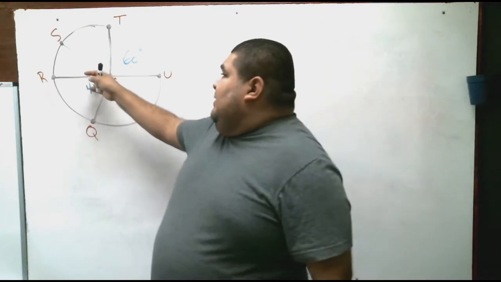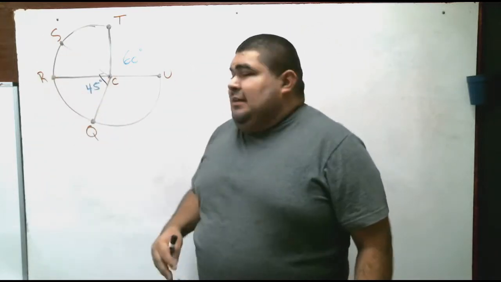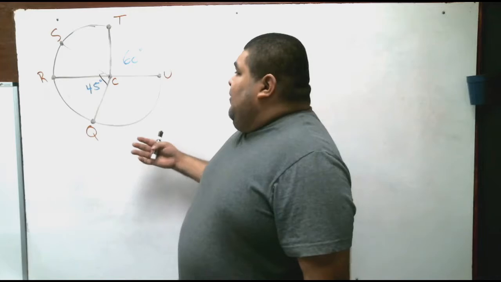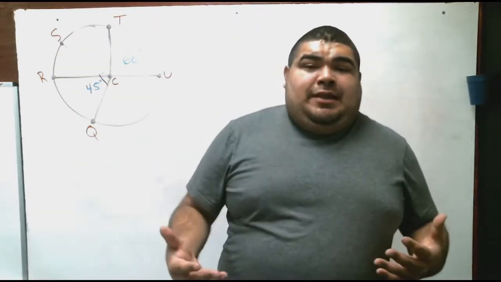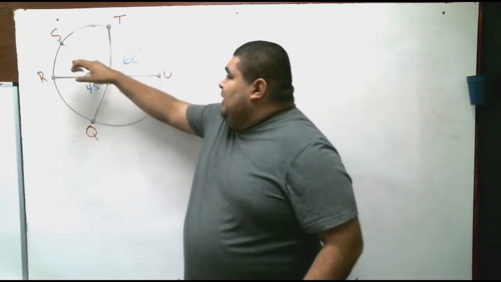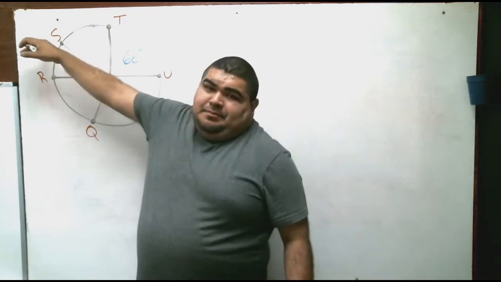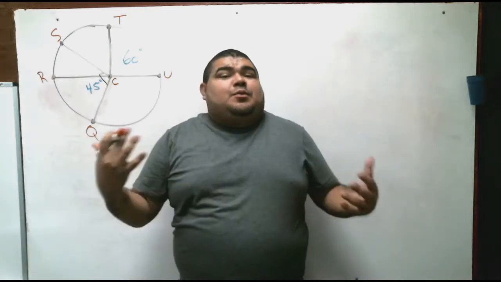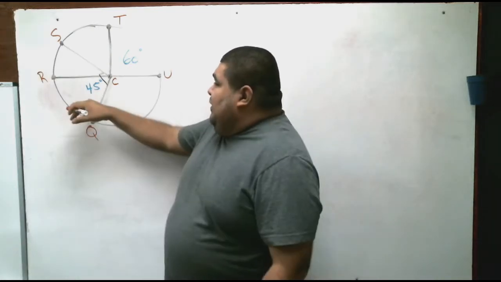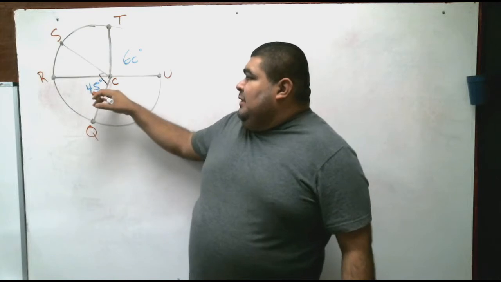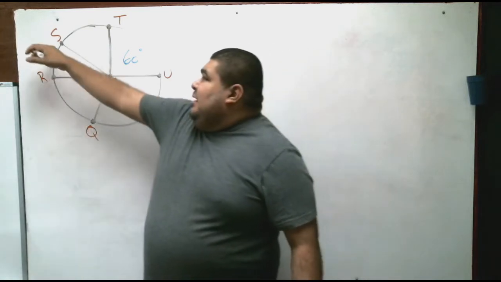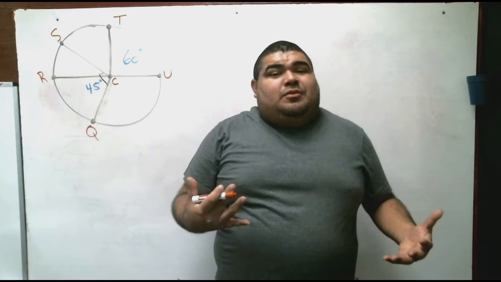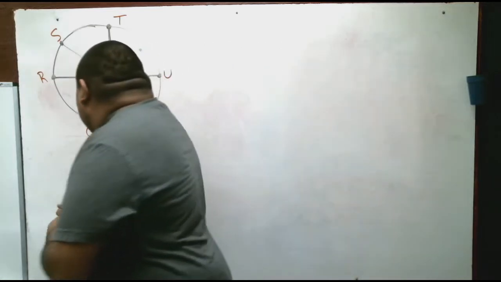Since the inside between SRQ is 90 degrees, we know that by law, if you guys remember back to angles, the line that passes through S, C, and Q creates a right angle. Okay, so if RQ is 45, then SR should also be 45.